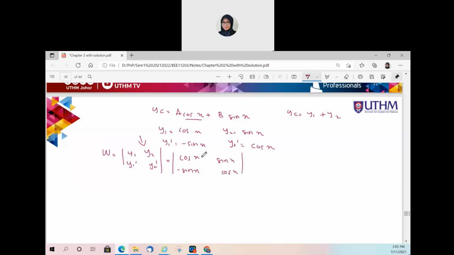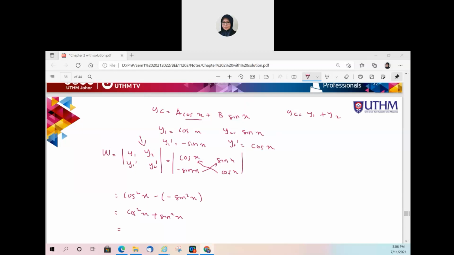Okay. So next is this one times this one. Equals cos square x. This one times this one, so minus sin square x. And this one equals cos square x plus sin square x. You have to refer to the trigonometry identity again.